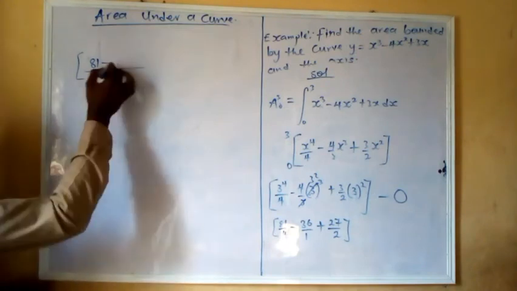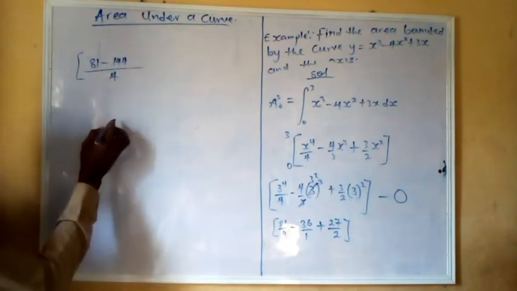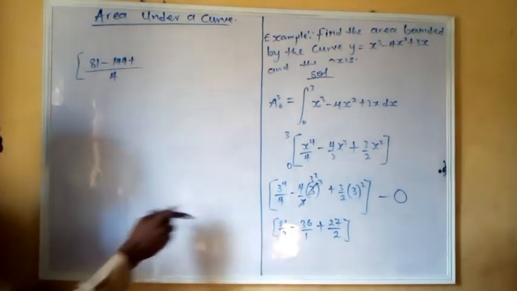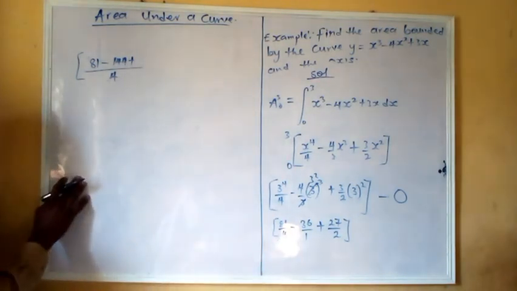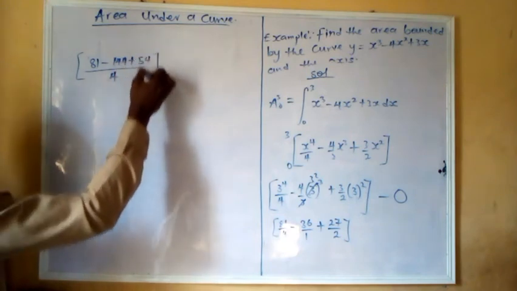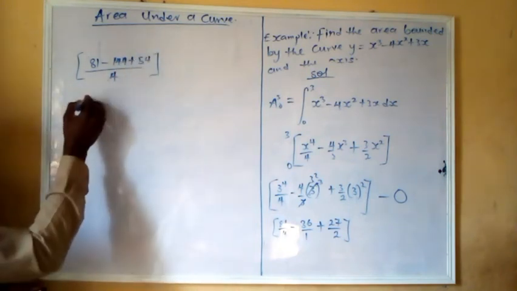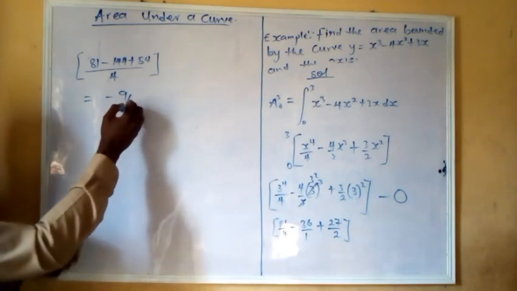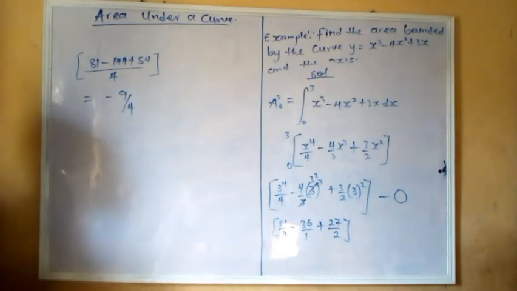So that gives us 144. All plus, 2 in 4, that is 2 times 27, that is 54. So let's add all together and see how it goes. That gives us minus 9 all over 4.